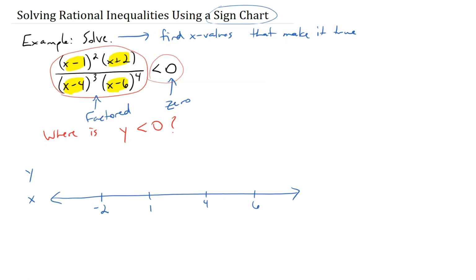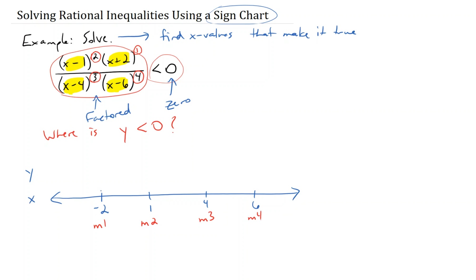And while we're at it, let's go ahead and list their multiplicities. Negative 2 has a multiplicity of 1, which is odd, of course. Positive 1 has a multiplicity of 2. 4 has a multiplicity of 3. And 6 has a multiplicity of 4. Those will come in handy later.